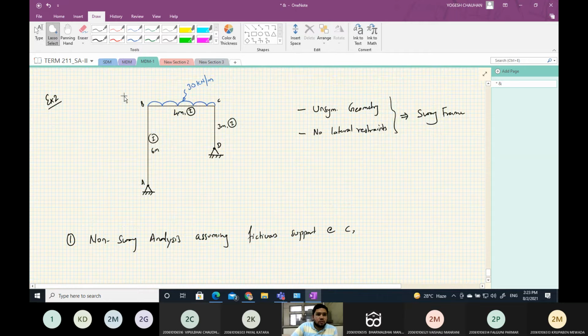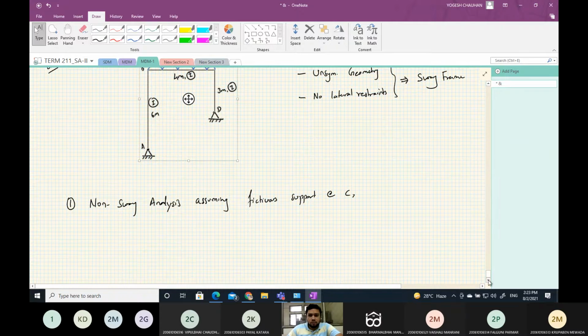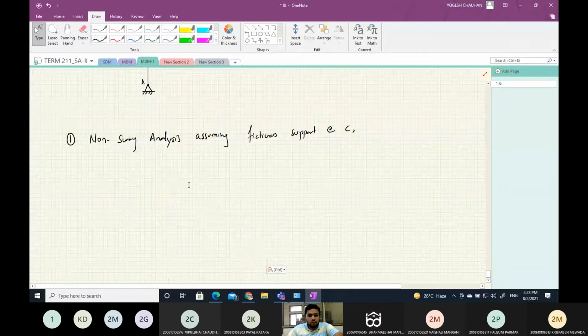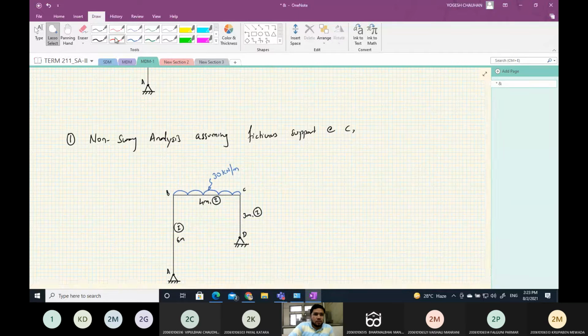So we analyze this frame assuming imaginary support over here. Okay. This is an imaginary support.